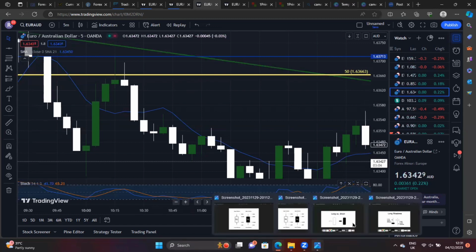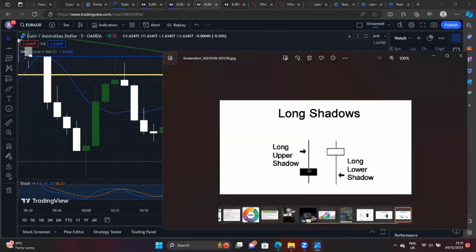So we're trying to make you understand the wick, what it means and how it came about. If a Japanese candlestick has a long lower shadow, a long lower wick, it means that sellers flexed their muscles and forced price lower.